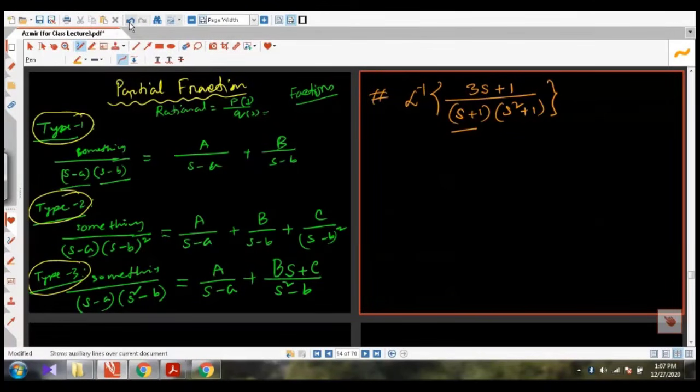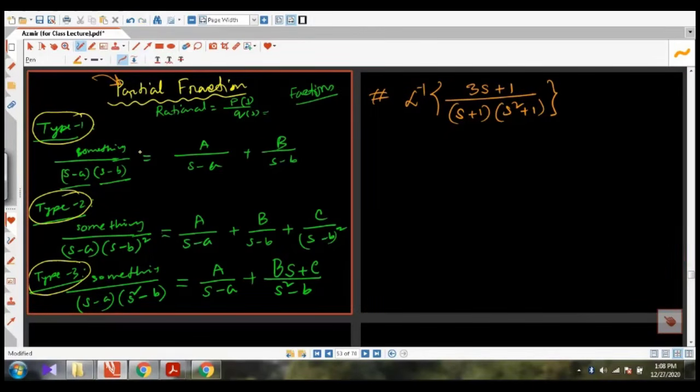So that means we can't apply the formulas, and also it is not going with the shifting property. We may think about the shifting property because we have (s + 1), so we can think about s minus negative 1. But what if we have here s squared plus 1? So shifting property is also not working. In that case, the only method that can help us to solve this inverse Laplace transformation is the partial fraction decomposition.